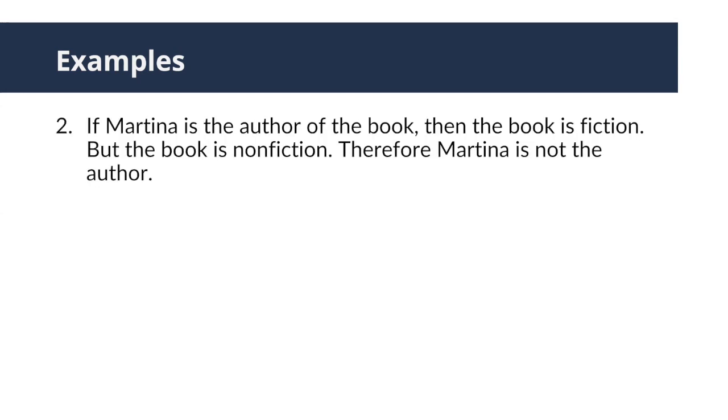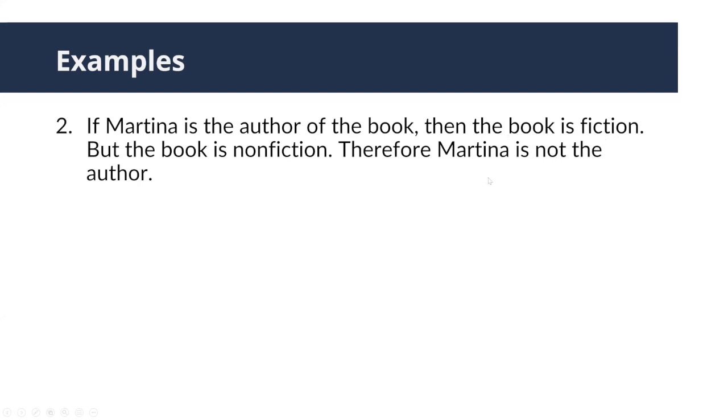Second one, let's first try to identify how many propositions we need. So we have Martina is the author of the book, and the book is fiction. And for this one, we don't need to introduce another letter to represent it, because this proposition is basically the negation of this proposition.